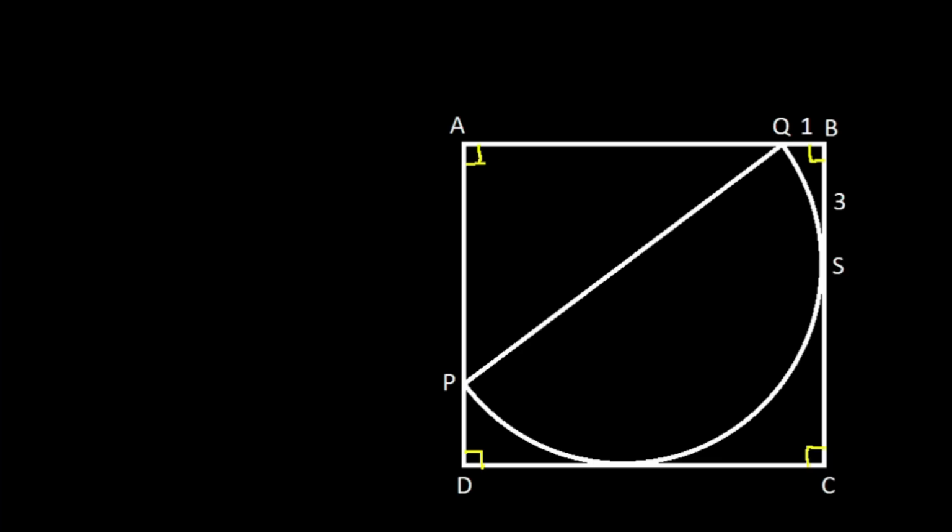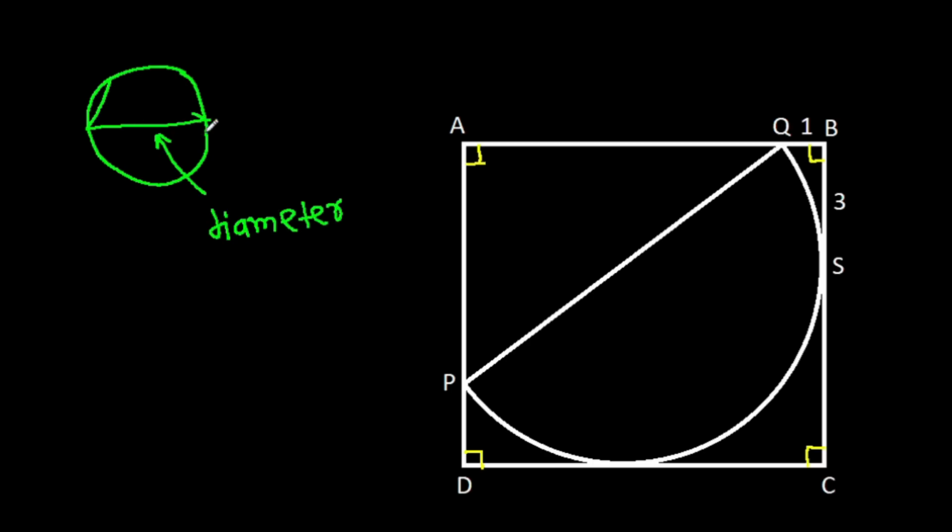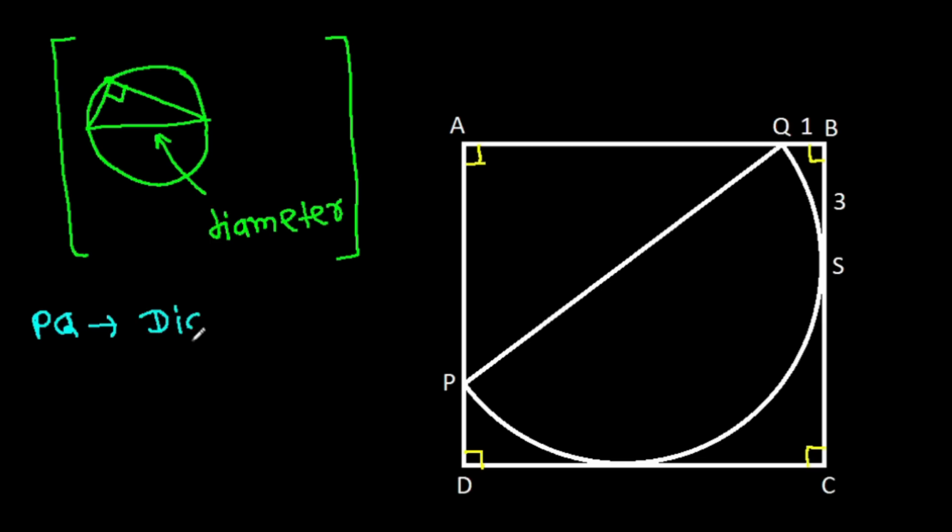Now in any circle, a diameter makes an angle of 90 degrees on the circle, and here we know that PQ is a diameter and angle PAQ is 90 degrees.